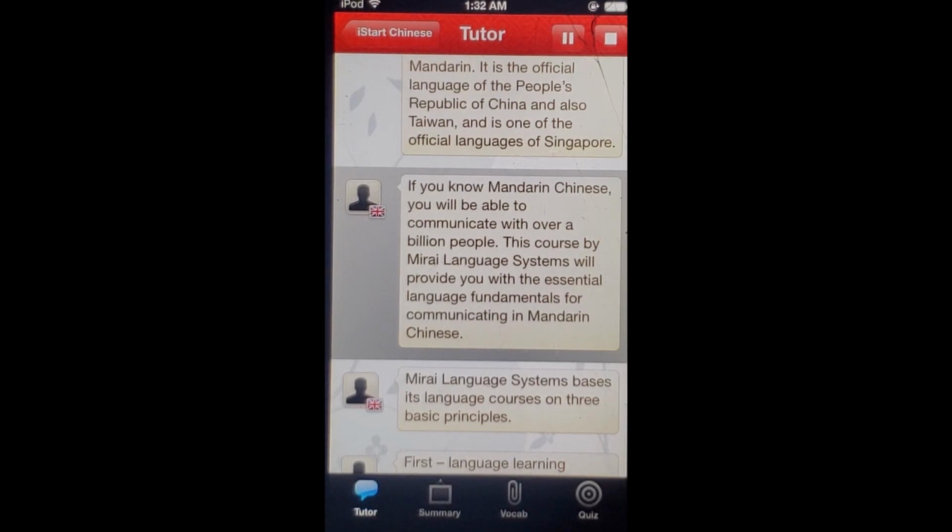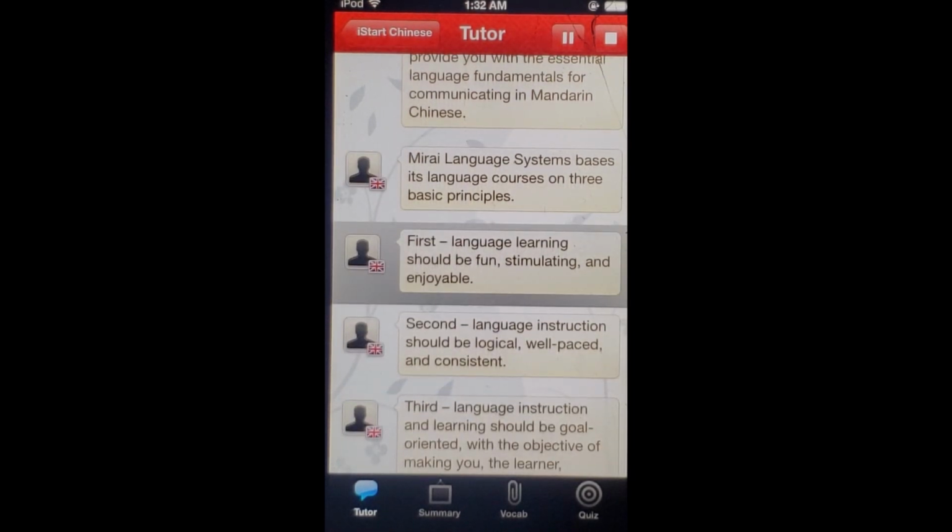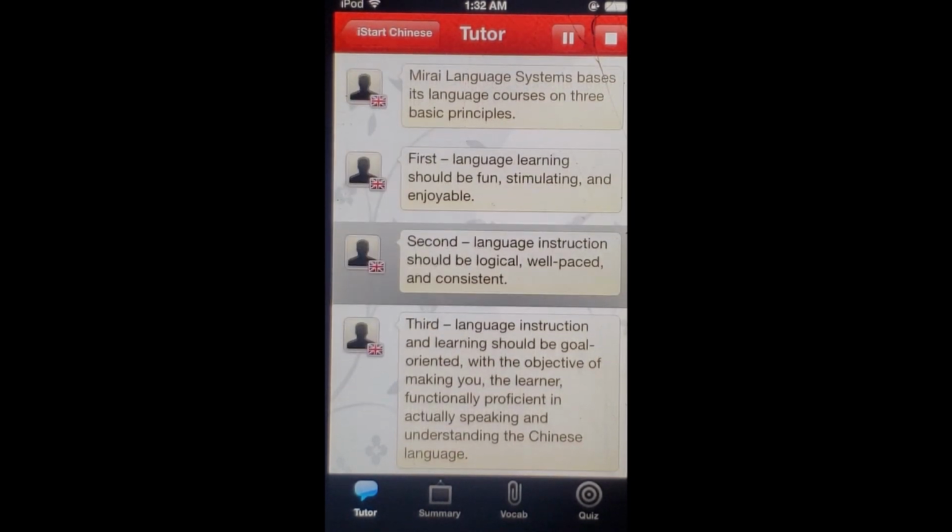This course by Mirai Language Systems will provide you with the essential language fundamentals for communicating in Mandarin Chinese. Mirai Language Systems bases its language courses on 3 basic principles. First, language learning should be fun, stimulating, and enjoyable. Second, language instruction should be logical, well-paced, and consistent.